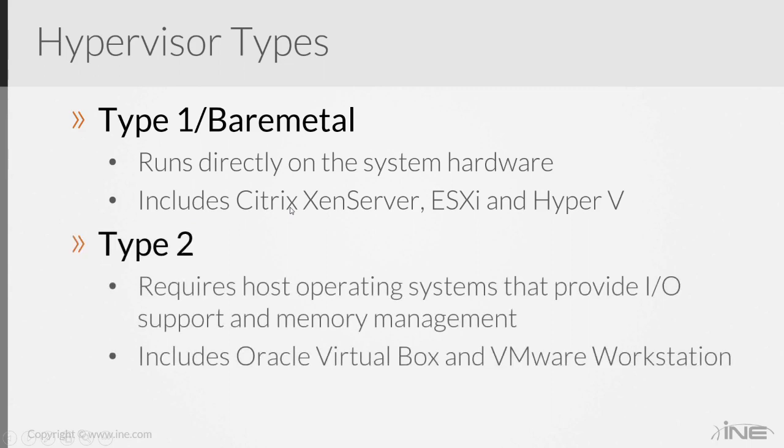Type 2 hypervisors now. This would require a host operating system. It does not run directly on the hardware. Instead, the hypervisor abstracts the guest OS from the host operating system. So the hypervisor in this case is installed as an application on the host operating system, and the guest OS runs on top of that.